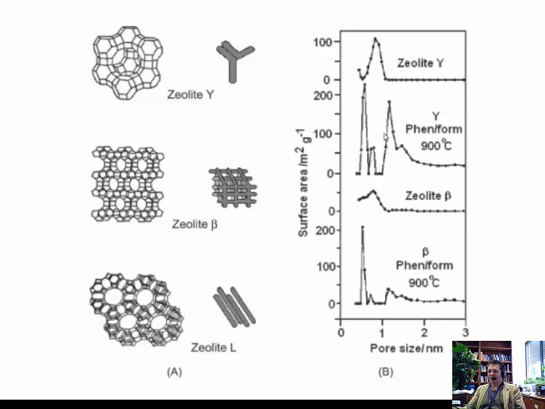For each of these, you can now see the distributions of pore sizes of these different substances. So you've got a couple of zeolite Y's there. So for your zeolite Y, you have your cage size, your pore size there.